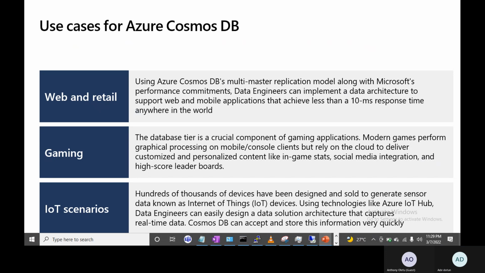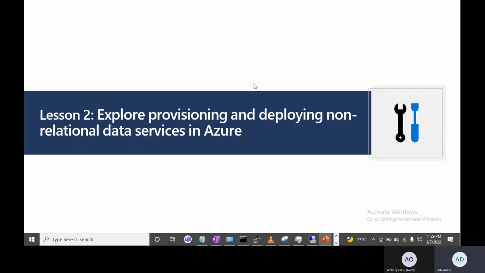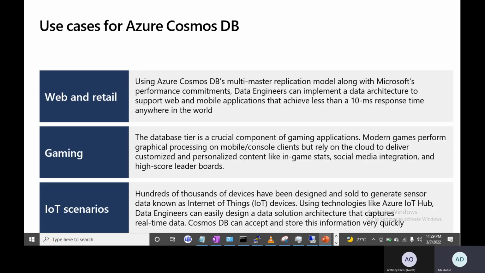So Azure CosmosDB is built for this. This particular point, I saw it in one of the questions.